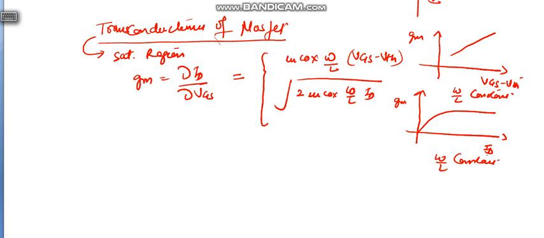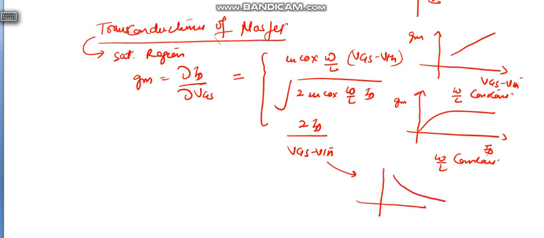Okay, the third equation is 2ID by (VGS minus VTH). It is given by something like this. So this is VGS minus VTH with ID constant. This is Gm.